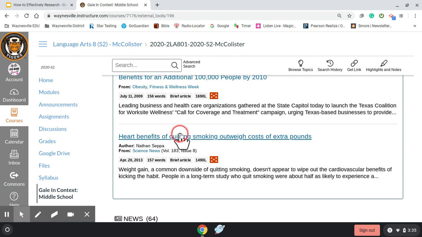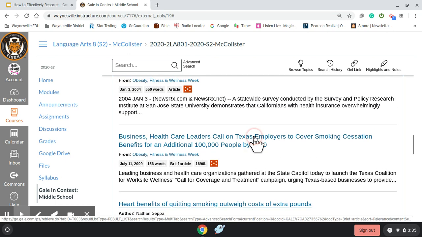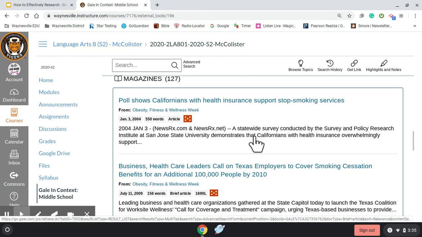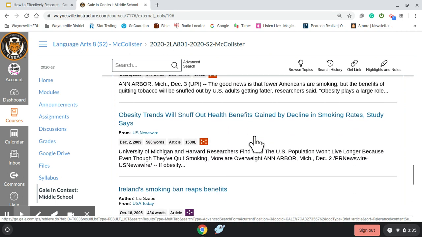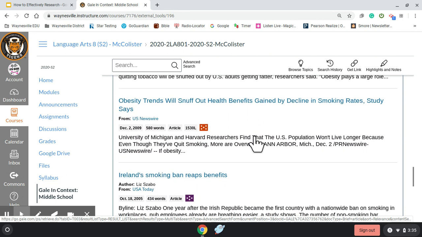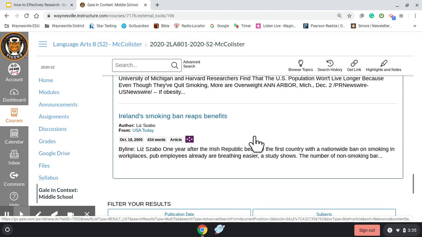Here are the heart benefits of quitting smoking. Notice we have some articles referring to different countries. If you know for a fact that you have audience members who are Irish or are interested in the Irish culture, this may be an article that you may want to use.